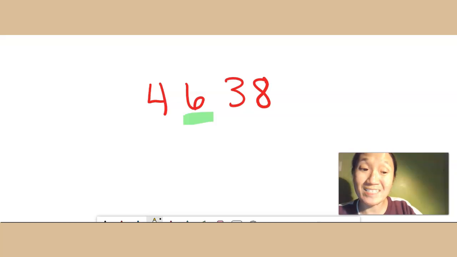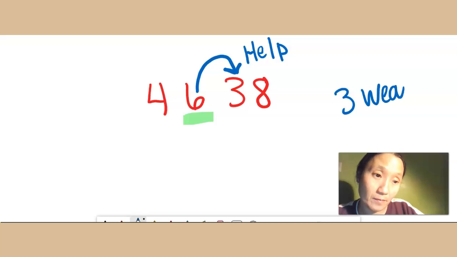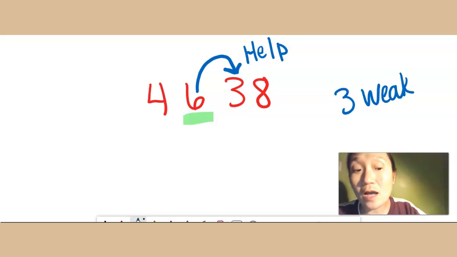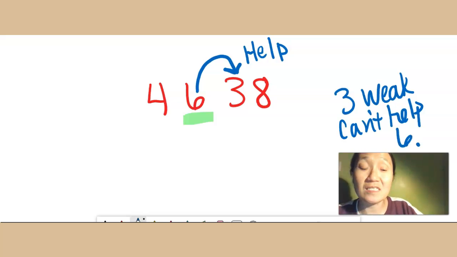All right, so 6, we'll look to 3 and ask 3 for help. 3 is weak. 3 cannot help 6 because he's weak.